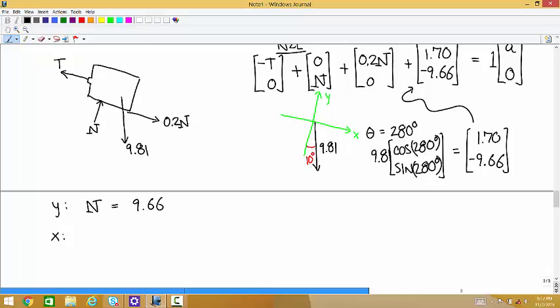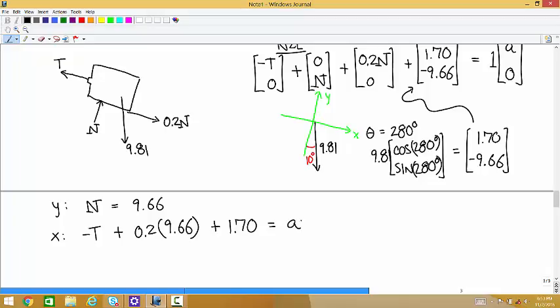And so now we can plug that into the x equation, and we get negative T plus 0.2 times 9.66 plus 1.70 is equal to a.